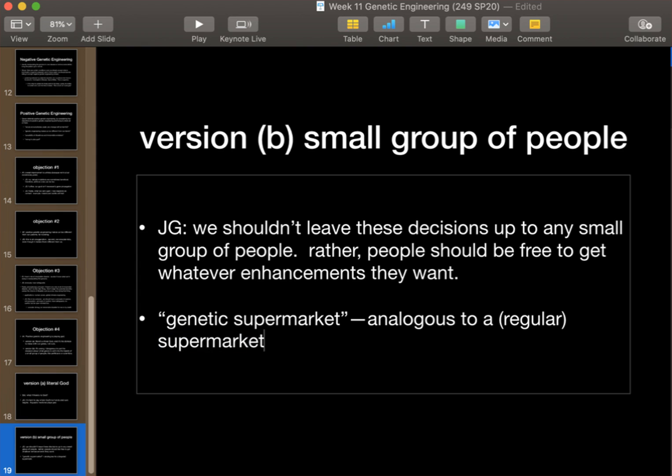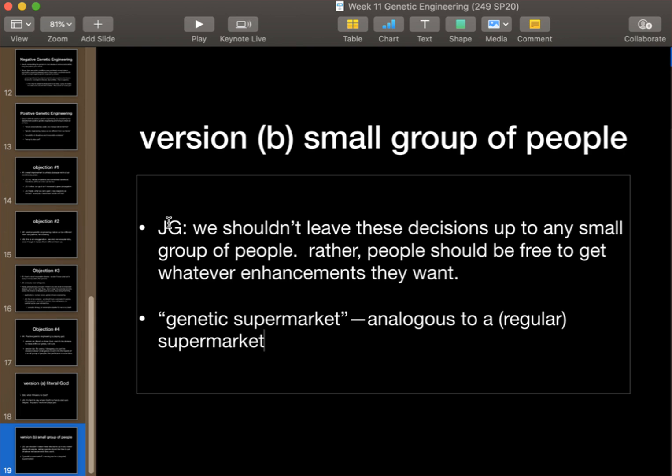Okay, so if you think about like food, there's no bunch of bureaucrats or politicians who get to decide what we all eat on Mondays and what we all eat on Tuesdays. No. So what we do is each person has his or her own tastes, and we go to the grocery store and we just buy whatever we want. And people who sell food, they have to respond to demand. Some things are more popular than others. There are more of those options available in the supermarket. All right.